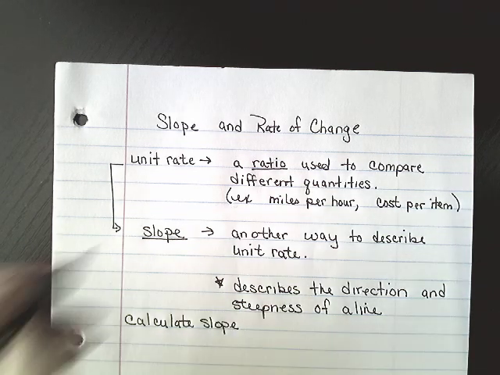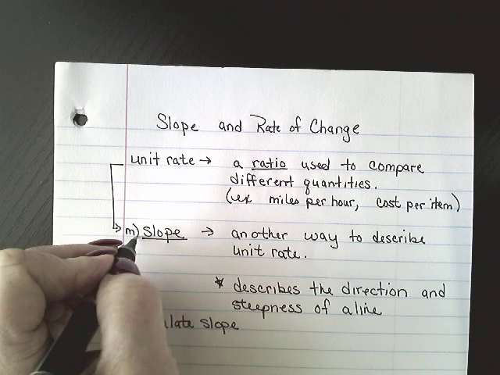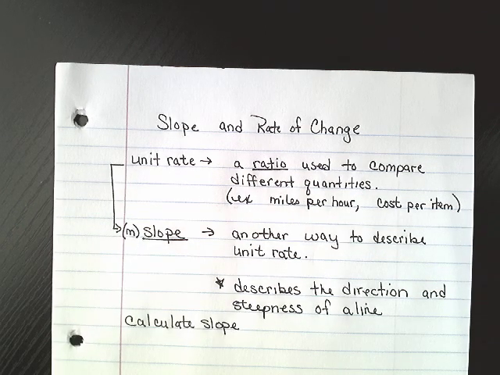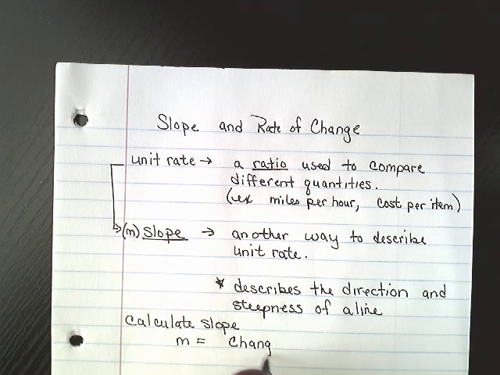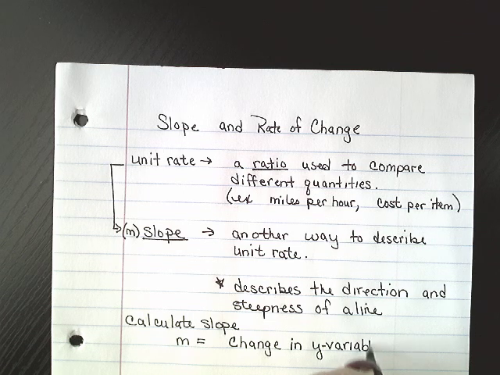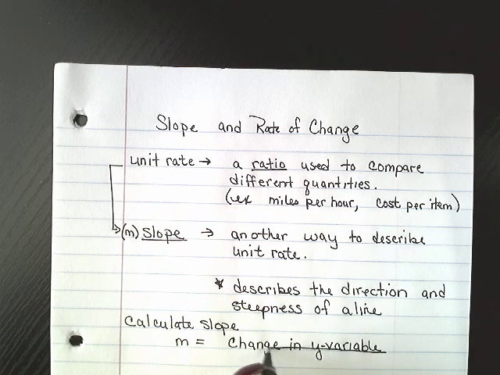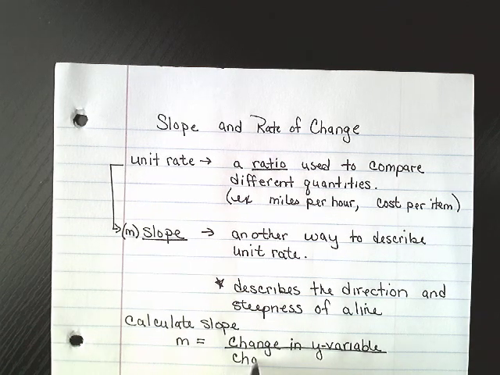Now we also want to know that slope is referred to with the variable m. M is our slope. So to find our slope, m is equal to the change in the y variable over the change in the x variable.